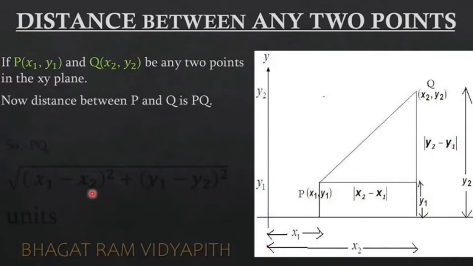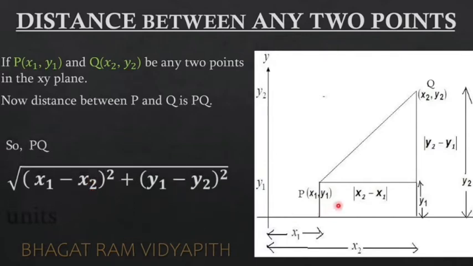PQ is equal to the square root of (x2 minus x1) squared plus (y2 minus y1) squared. x2 minus x1, which is this value, and y2 minus y1, which is this value.